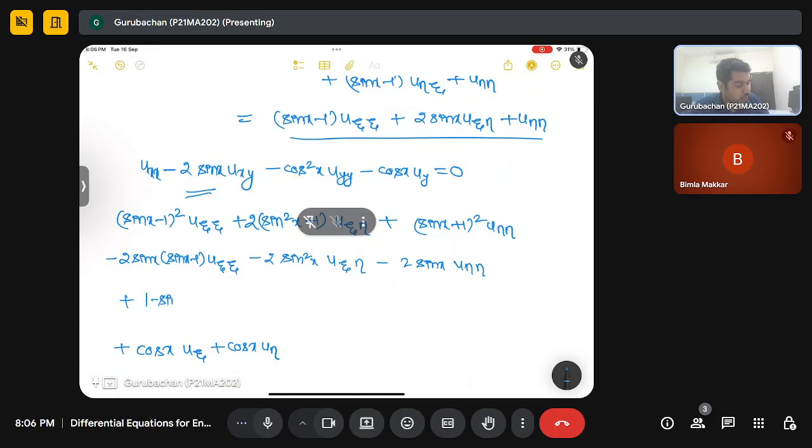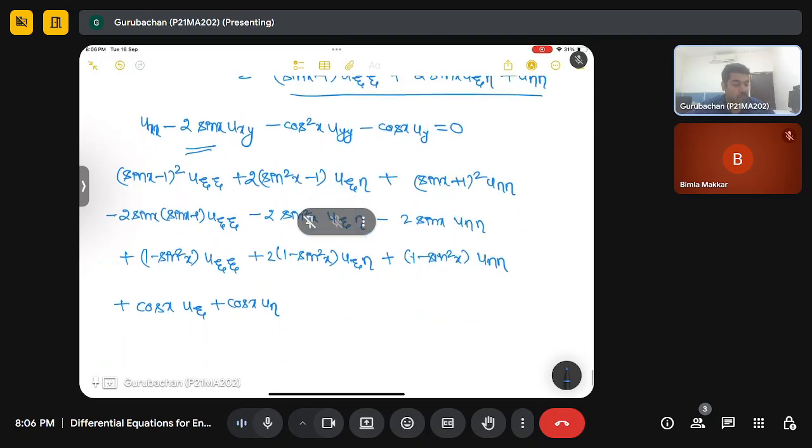1 minus sin square x u xi xi, plus 1 minus sin square x, 2 times u xi eta, and again plus 1 minus sin square x u eta eta.